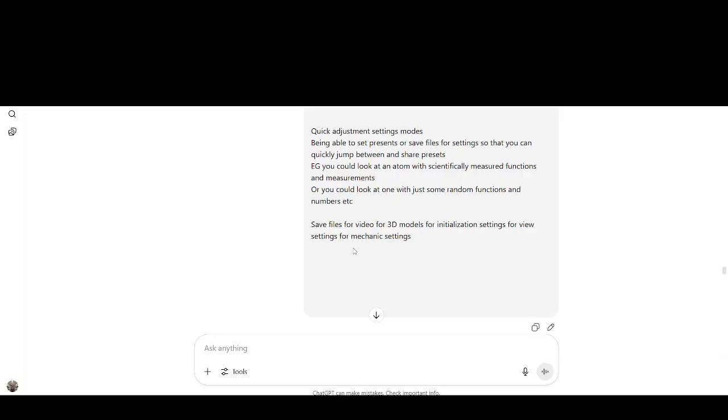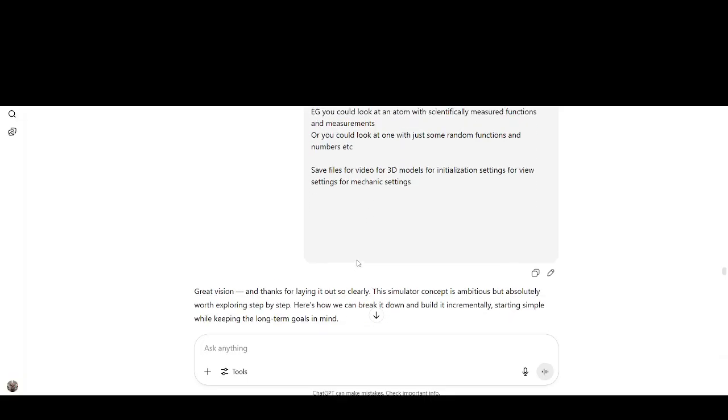You could adjust the speed. And mechanical settings, so you could adjust the force field function, or the field functions for the various forces. You could set various velocities, various positions, quantities, stuff like that.